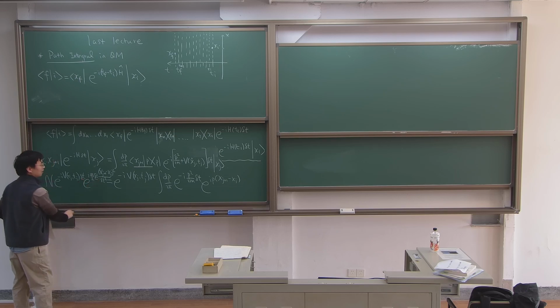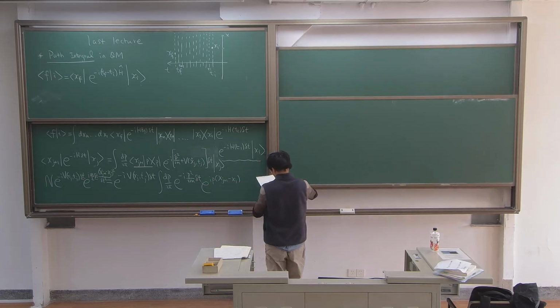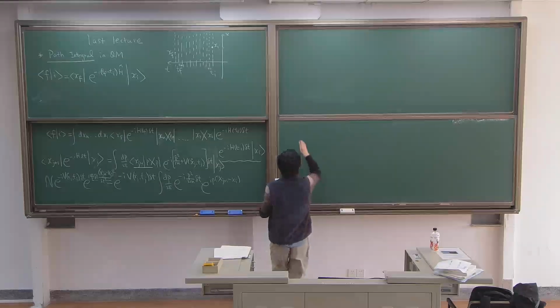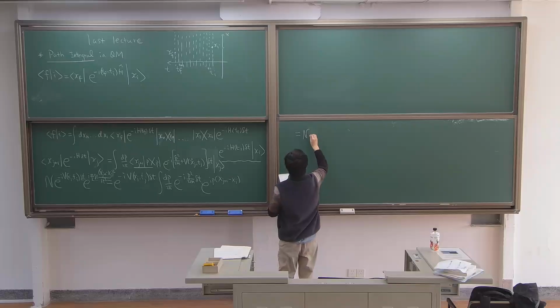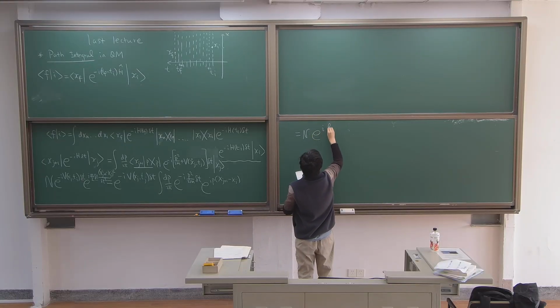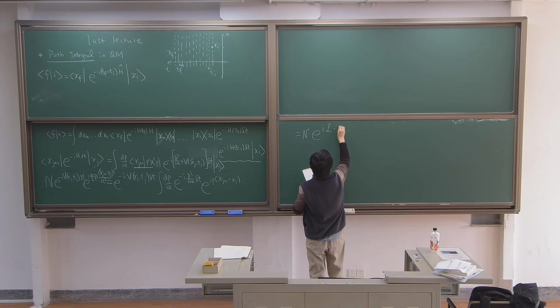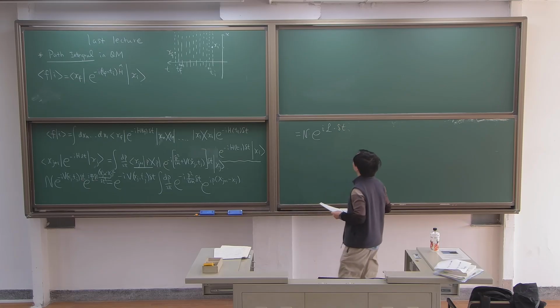So this block will be equal to a prefactor times e to the i Lagrangian times delta t.